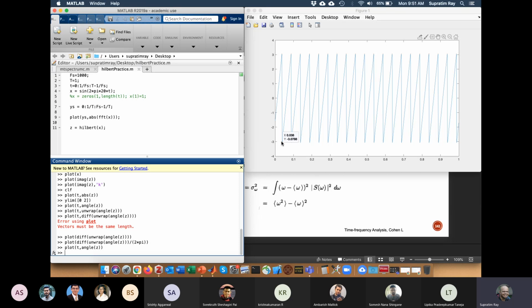Because the phase of pi plus x is the same as minus pi plus x, because it's circular about 2 pi. Yeah, I just wanted to show that it's actually changing linearly. This is just chopping it up and keeping it between minus pi and pi, because phase is circular. If you add 2 pi to a phase, you don't do anything. That's all.